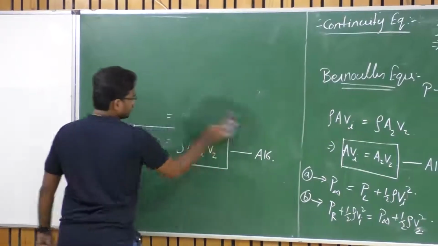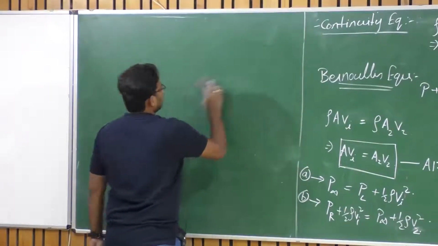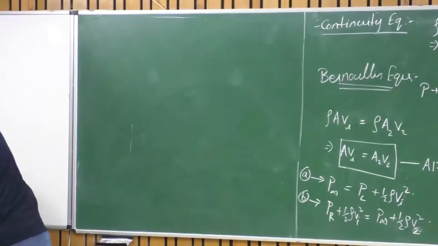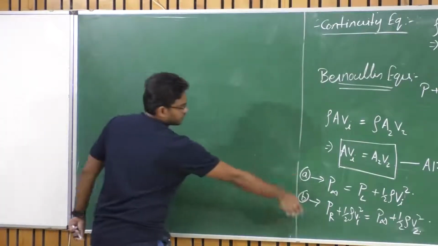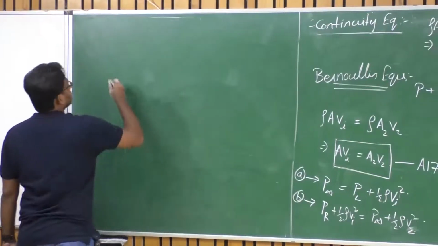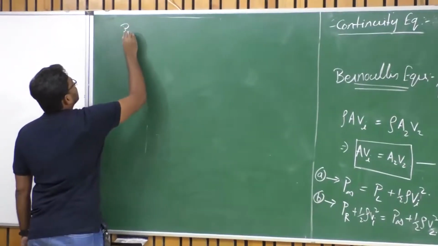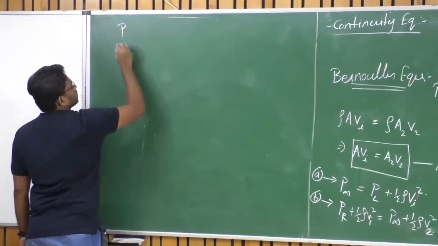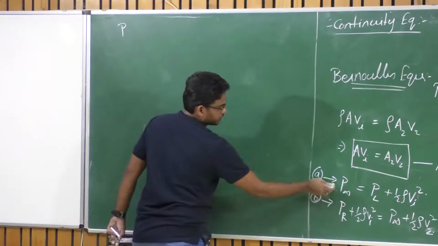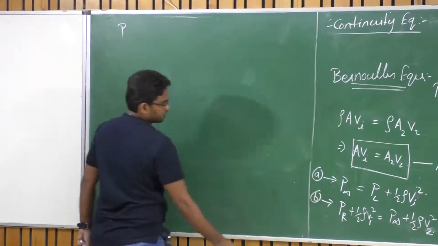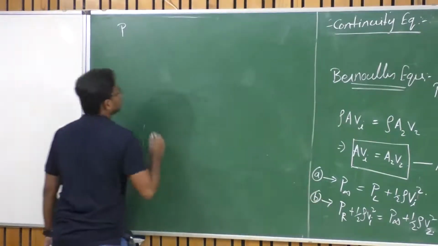So just remember these A15 and A16. We'll call back these equations. So using these two equations, subtracting equation A from equation B, right?